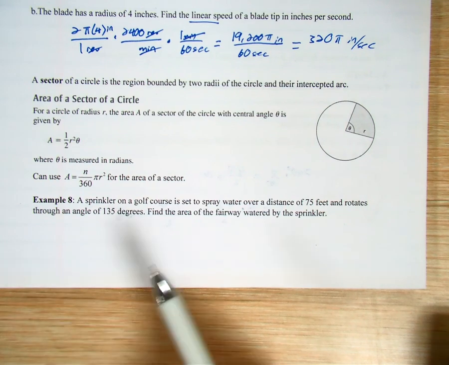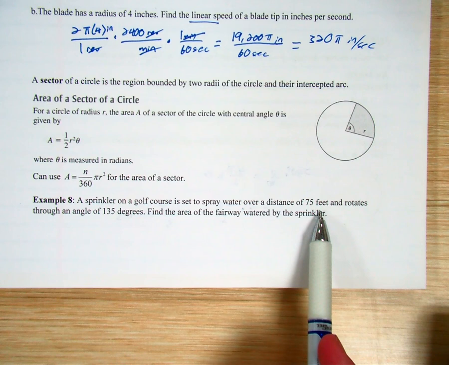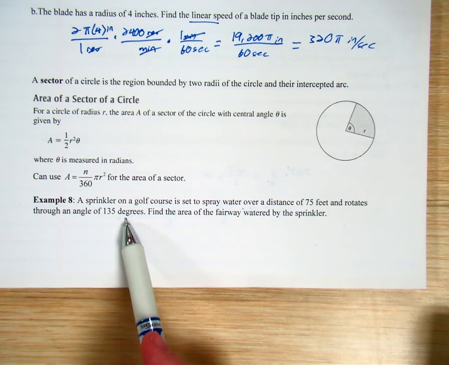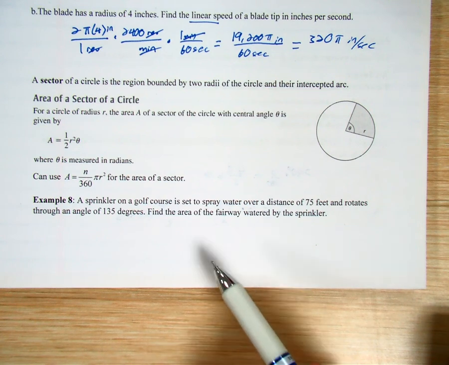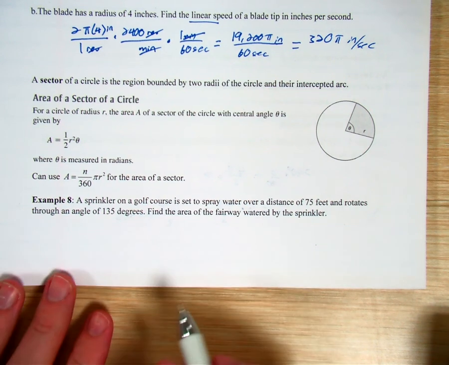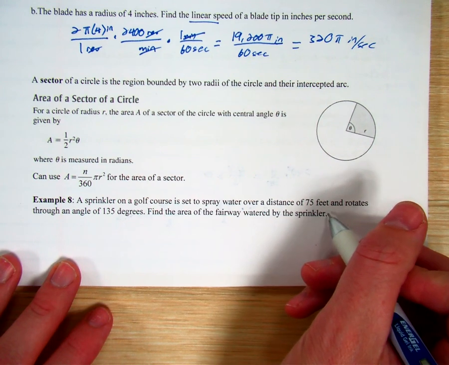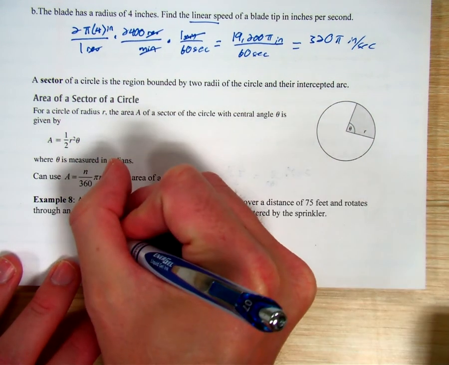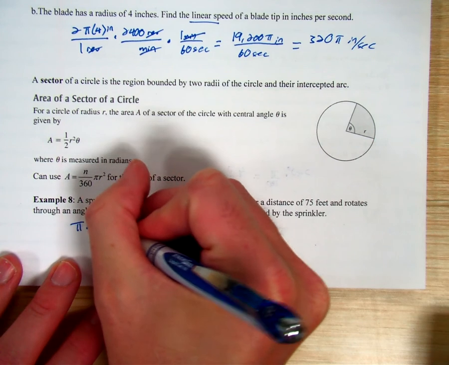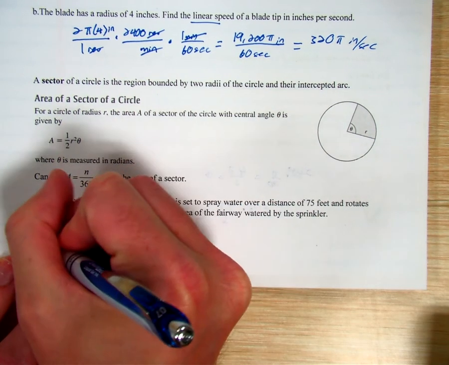A sprinkler on a golf course is set to spray water over a distance of 75 feet and rotates through an angle of 135 degrees. Find the area of the fairway watered by the sprinkler. Okay, so we have a radius of 75 feet. If it's in degrees, I'm going to keep it in degrees. Pi times radius squared, and then we have 135 out of 360.